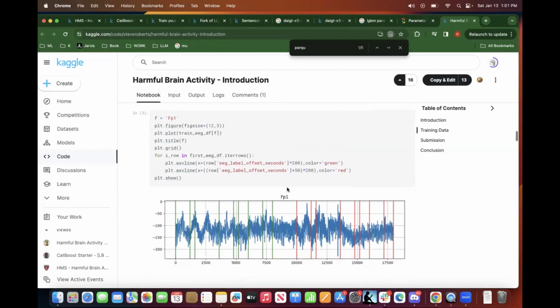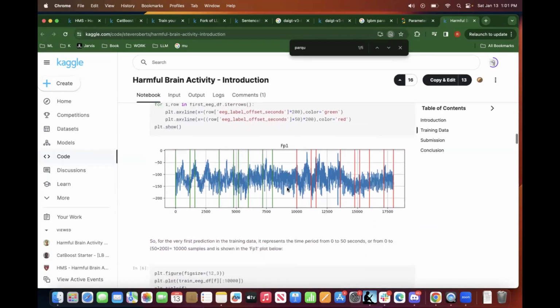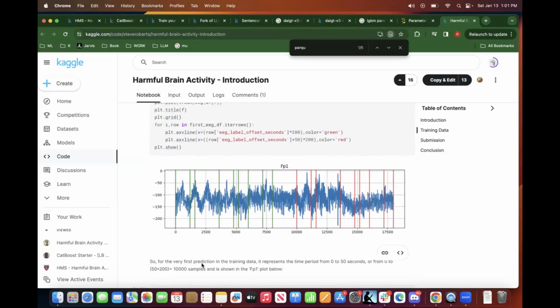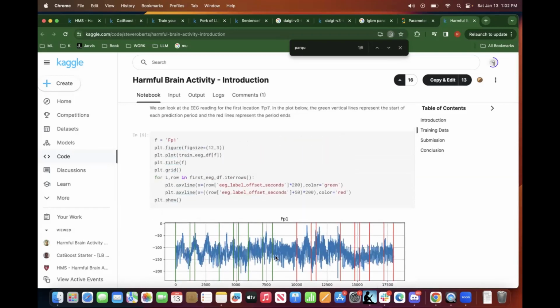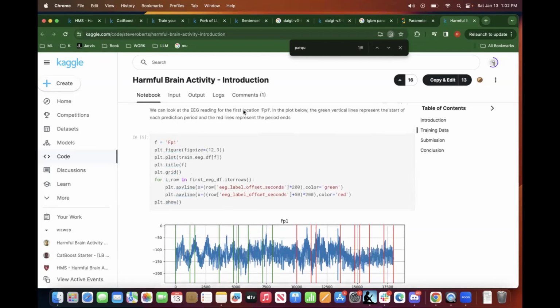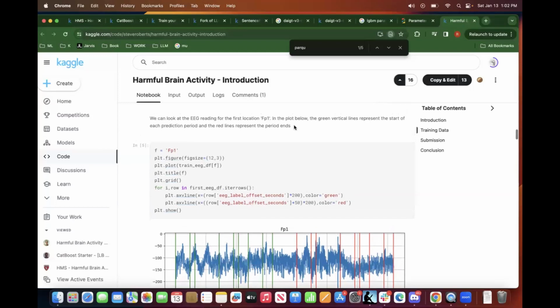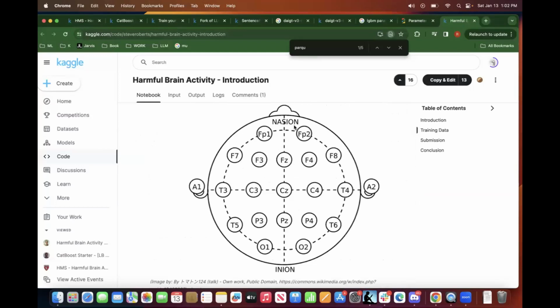He's saying it represents the time period from 0 to 50, so 50 times 200 is 10,000 samples, and is shown in the FP1 plot. So you see the 50-second slices that the train CSV corresponds to some portion of this. Interesting. Okay, cool. I need to look at this.